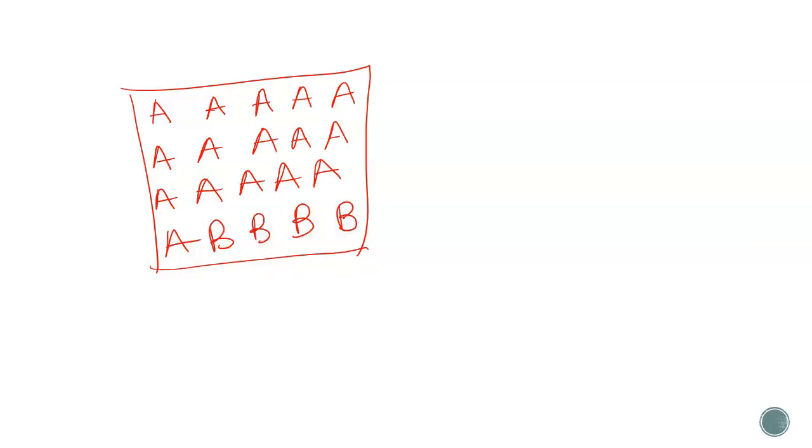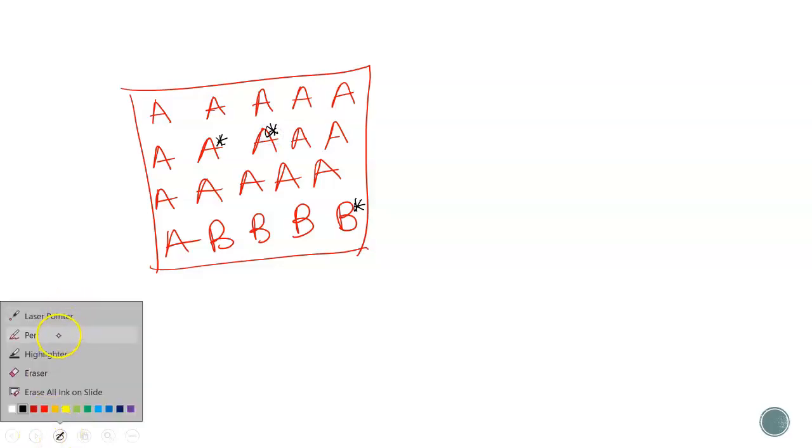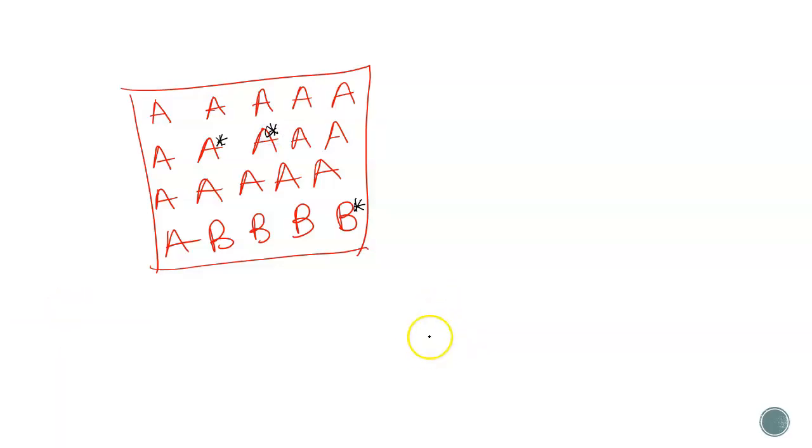Supposing I use an asterisk to represent defective. They are saying that if I pick any widget at random, what will be the probability that it will be defective?